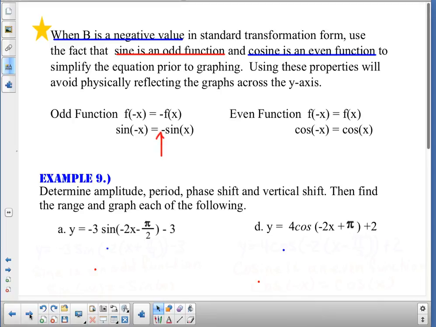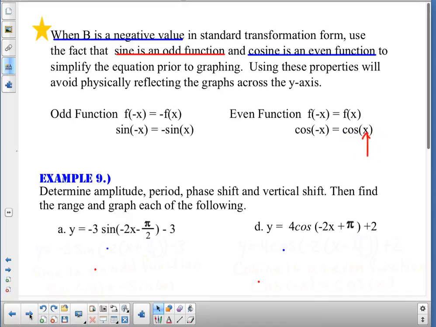Now, cosine is an even function, so we can simplify the equation prior to graphing. Since the opposite of x gives f of x, and cosine is an even function, if there's a negative value inside, I treat it like it never existed.